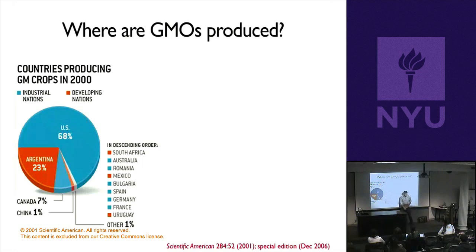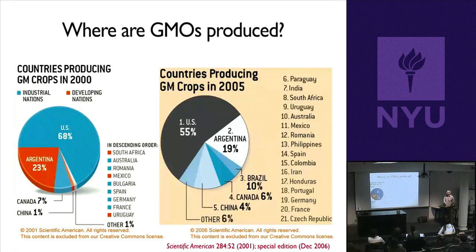Again, we can fast forward about 5 years and see how this picture has changed. The US share is less, only about half. Argentina is still a big player. Canada is still a big player. Brazil just leapfrogged out of nowhere to 10% of the world's production of genetically modified crops. China quadrupled in 5 years from about 1% to about 4%.